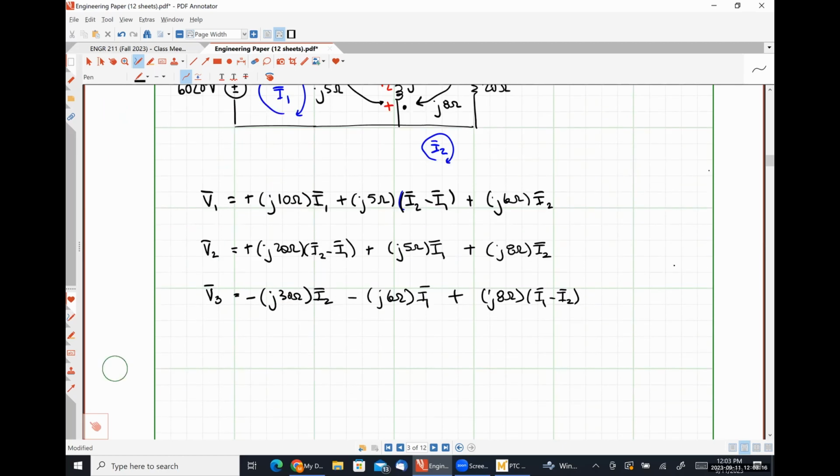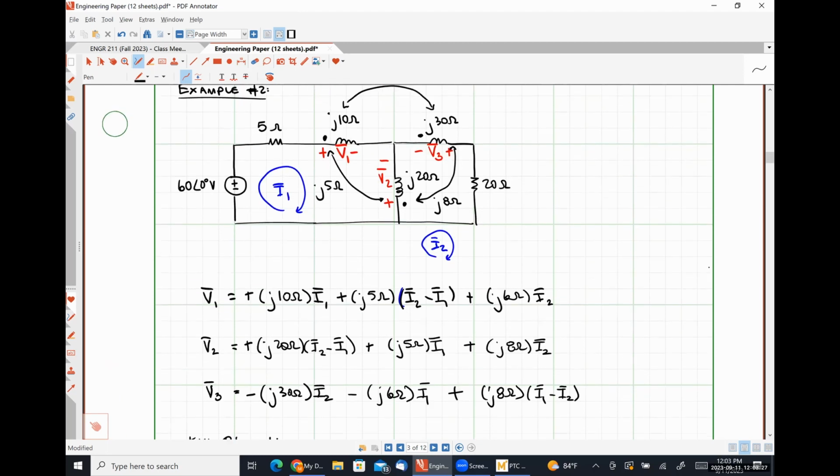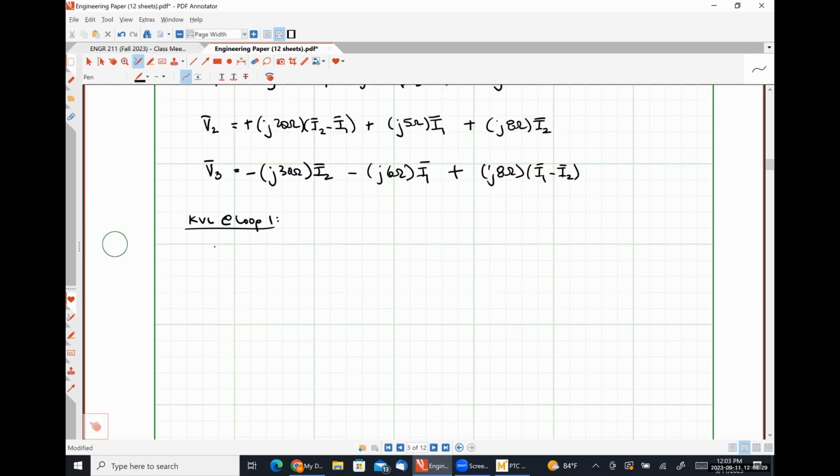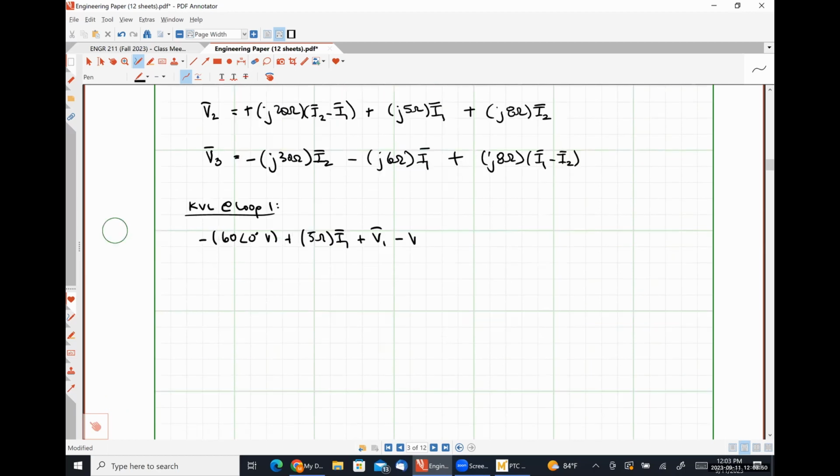So KVL around loop 1: negative 60 angle 0 degrees volts plus 5 ohms times I1. And then I'm going to leave this as just plus V1 and then minus V2 is equal to 0.